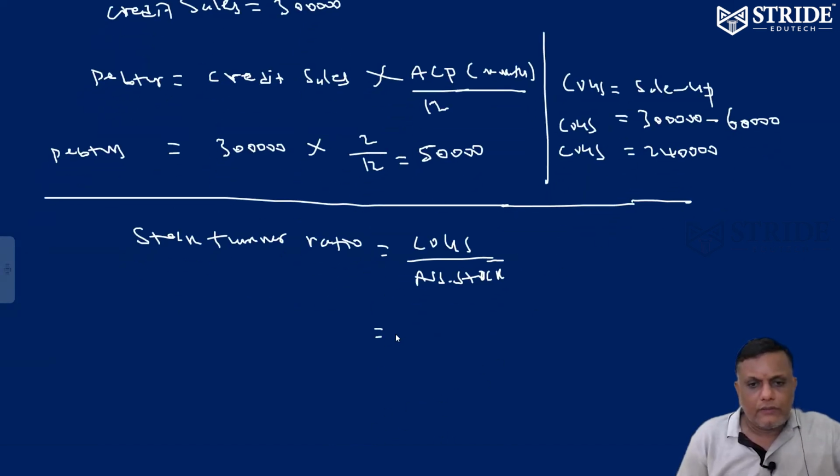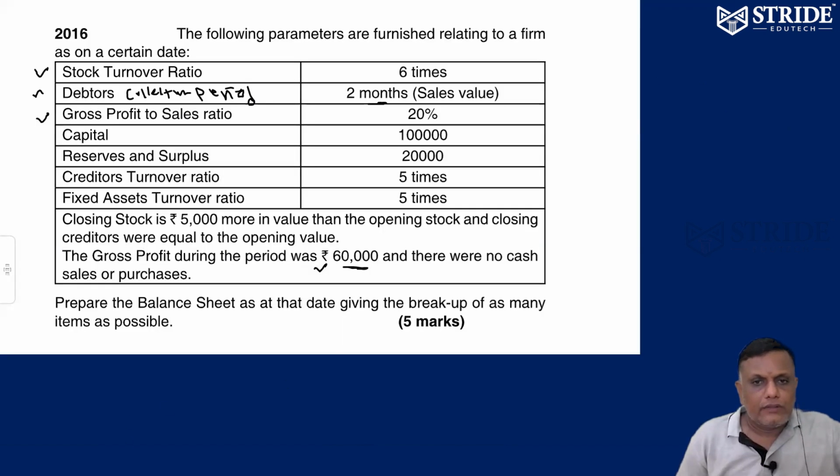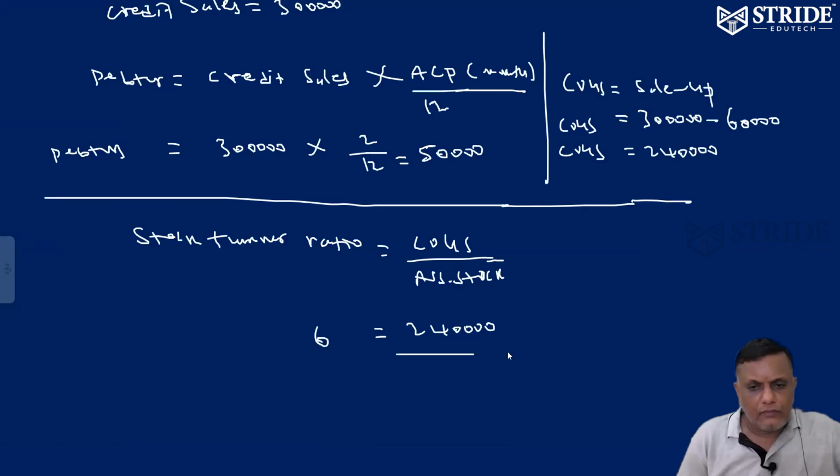So COGS is going to be 2 lakh 40,000. Stock turnover ratio is 6 times.